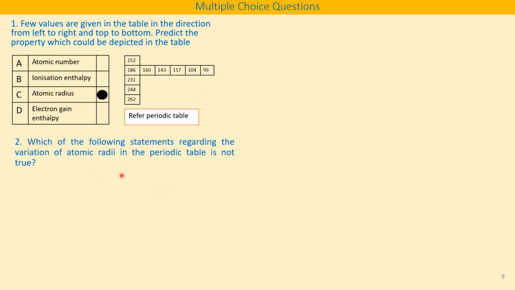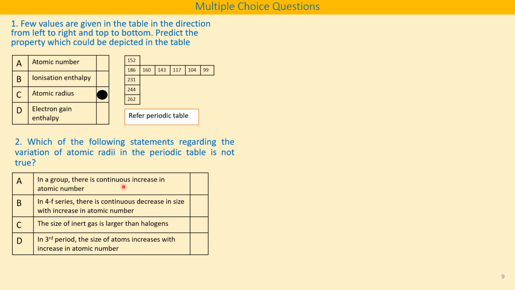Next is, which of the following statements regarding variation of atomic radii in the periodic table is not correct? Four options are given, so you have to mark which is not correct. Please read the question, pause the video and give the answer. And I will also give the explanation.